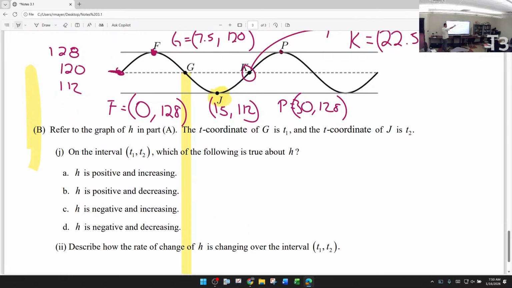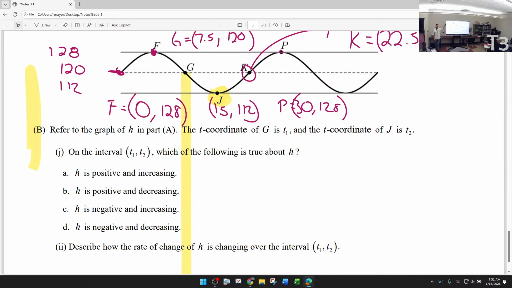That's the slope of it. So it's negative, and it's getting closer and closer to 0, because right here at J, the slope is 0. Right here at G, it's like negative, I don't know, 1. Who knows what. It's getting closer and closer to 0, so therefore it's increasing. So it's decreasing at an increasing rate, that's what we said right here.